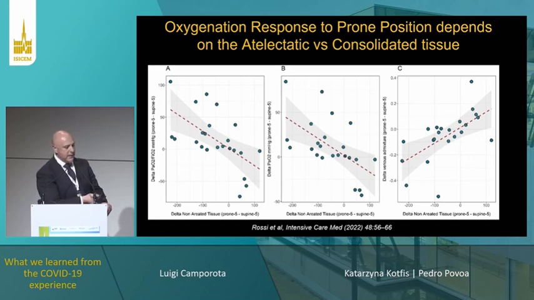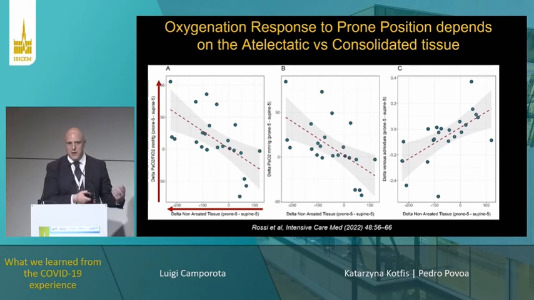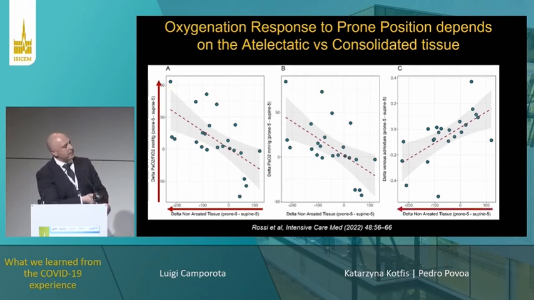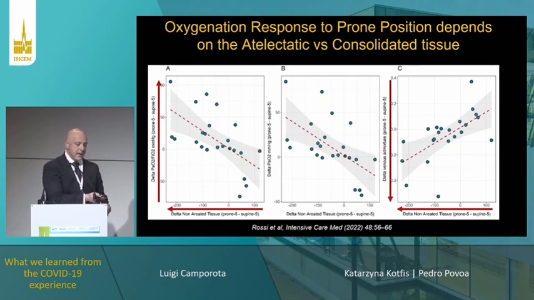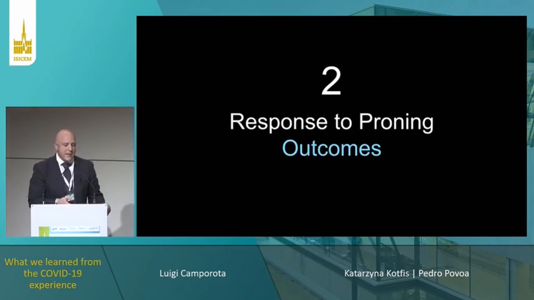You can see there is a reduction in non-aerated lung tissue, and there is clearly an increase in PF ratio. So this is the same in COVID-19 as it was in a more typical ARDS. You can see here a delta non-aerated tissue, a reduction, and there is a reduction also in venous admixture.